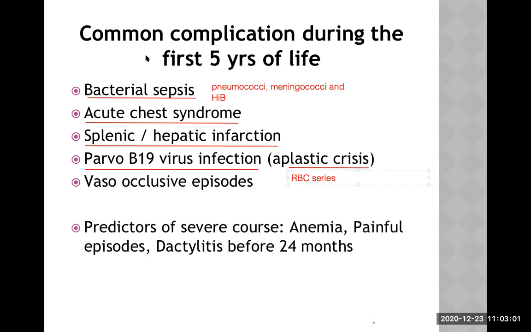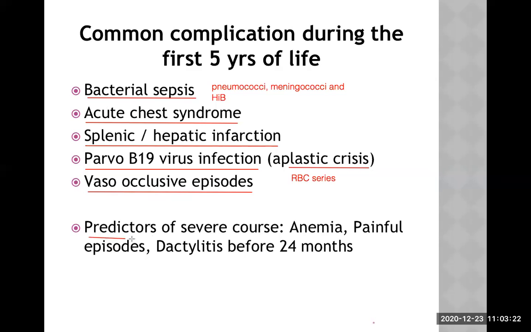Now, another problem is the vaso-occlusive episode, and we talked about this already. It can happen in any part of the body, in the hands and feet. That is a very important site where there are frequent painful episodes, swellings, pain, ischemia, and all these things happening.